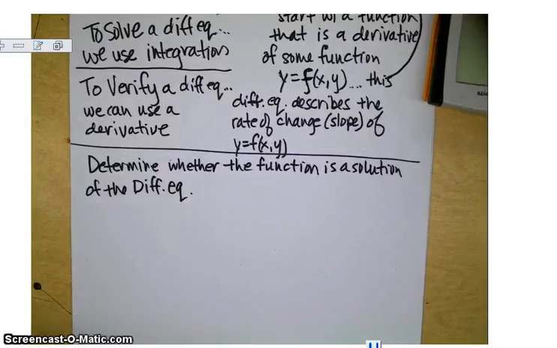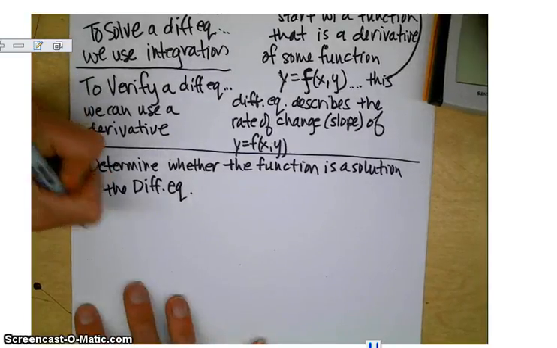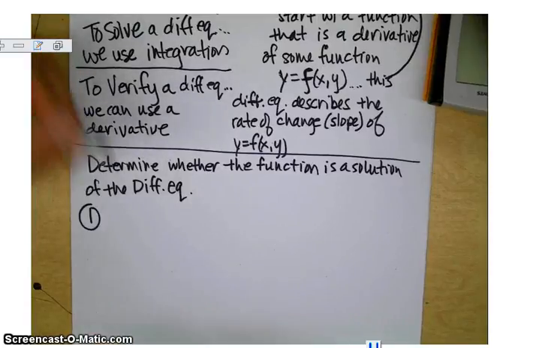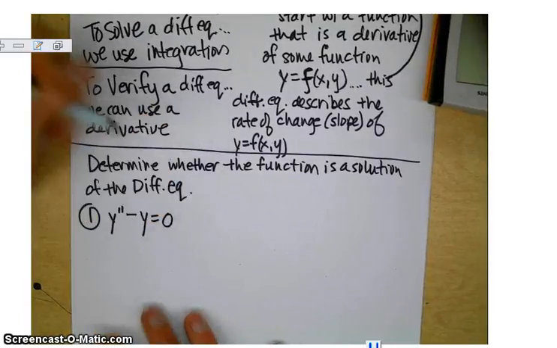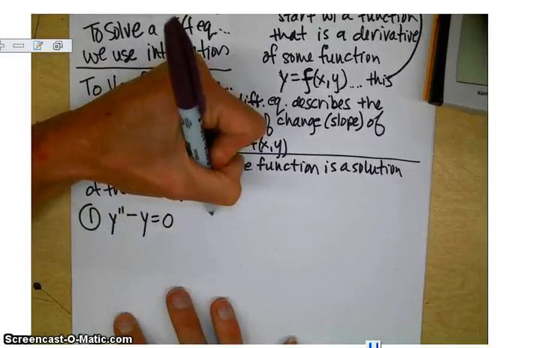And sometimes the differential equation will be given to you in the directions, and then you're supposed to compare that differential equation with each answer that they give you, or they'll just give you both. So for problem number 1, they'll basically say, well, this is one of them, and here's the other one.